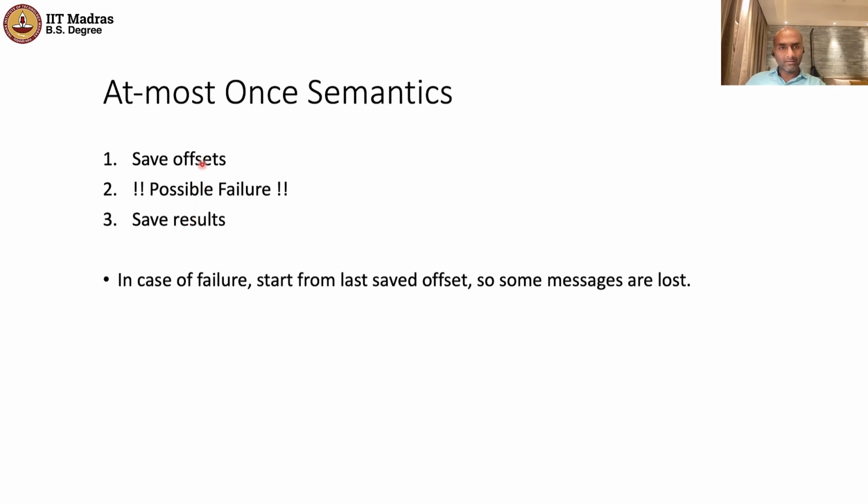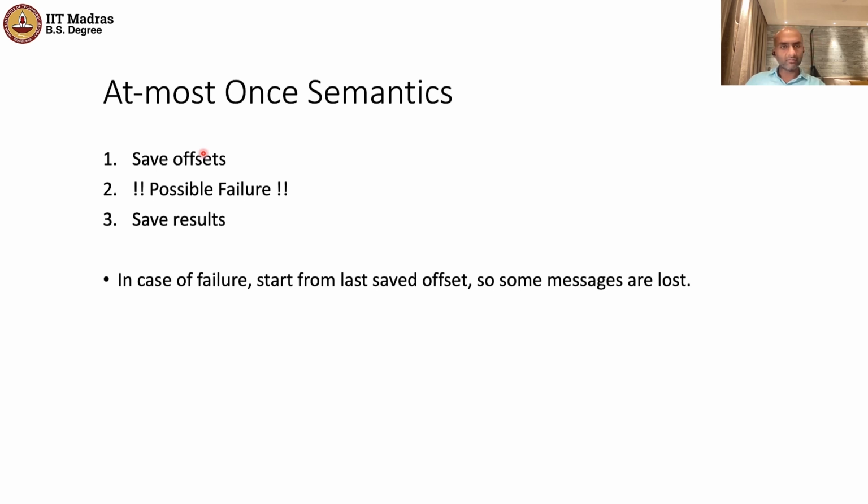So between the act of consuming the data and saving the offset, basically incrementing and saving the offset, and the act of performing the outcomes and saving the results, there could be a failure in the consumption pipeline. If that happens, then you've definitely not done the outcome. The results have not been saved, but the offsets have been consumed.